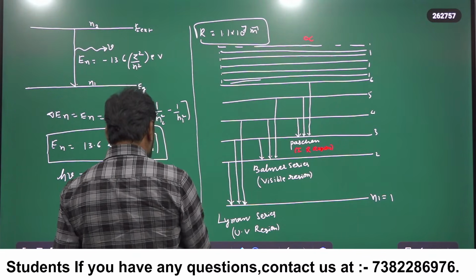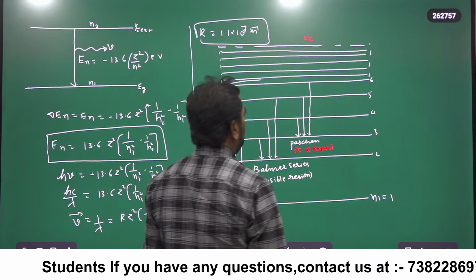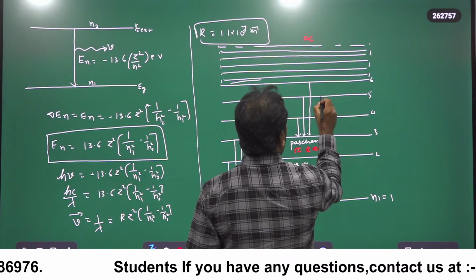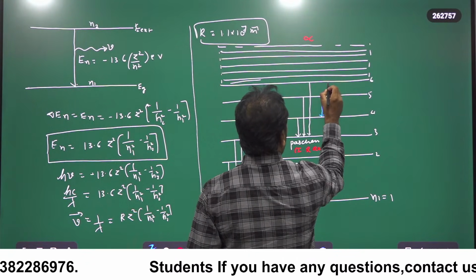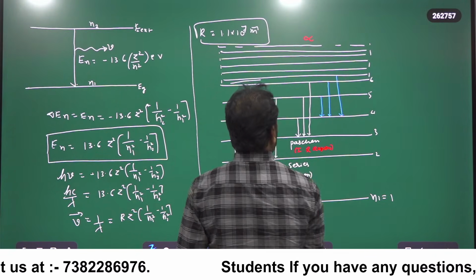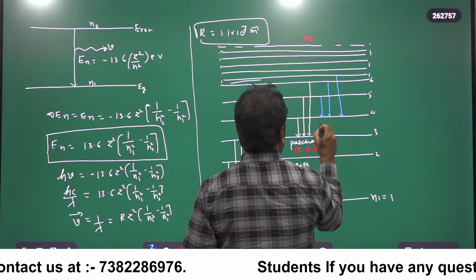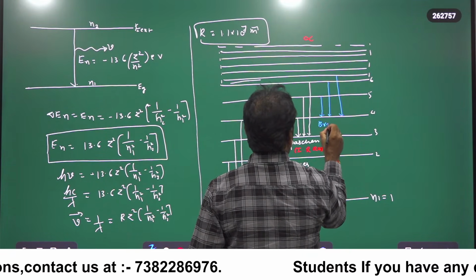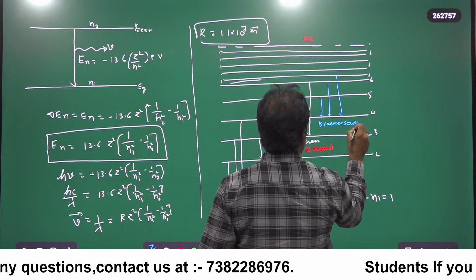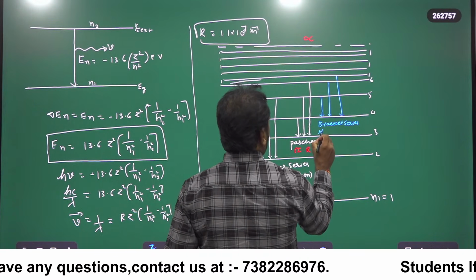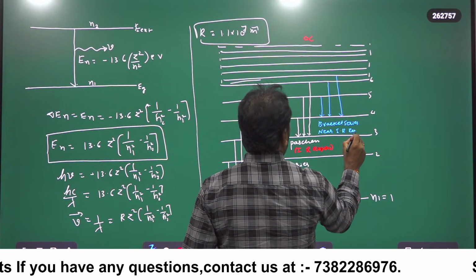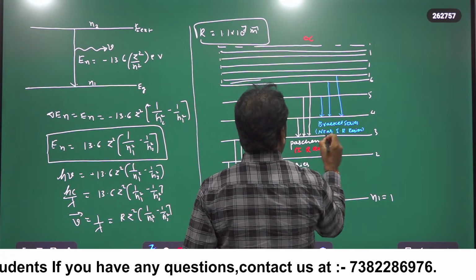Next, when the electron undergoes transition from N2 is equal to 5 to N1 is equal to 4 like this, Brackett series is forming, which is in the near IR region.